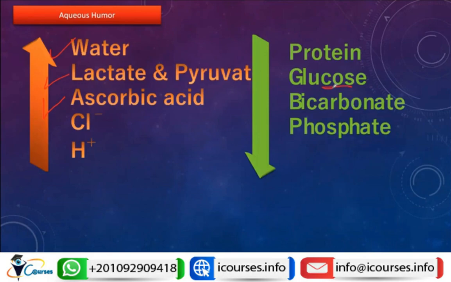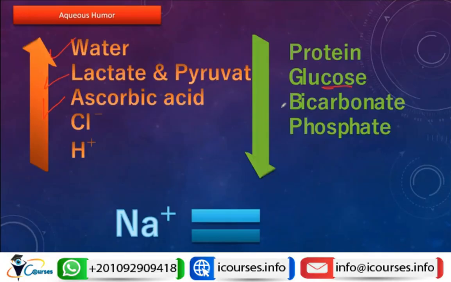Glucose is also decreased because it is highly consumed by the lens and the cornea, and the bicarbonate and phosphate are also decreased. So these are the main electrolytes and their ratios in relation to the plasma. And the sodium will again be the same between the aqueous and the plasma.